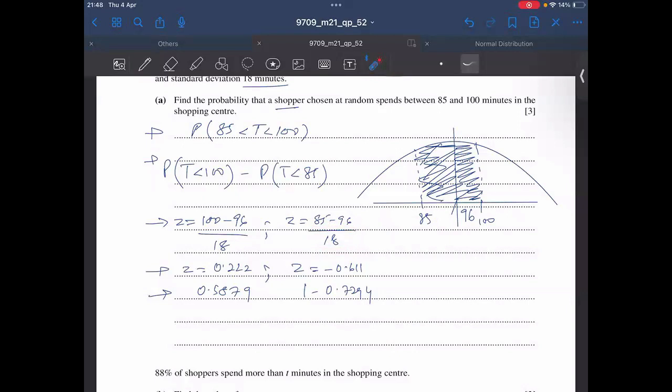You need to look. If you look at the region represented by T less than 85, does it cover less than 50% of the total area, or more than 50%? Less than 50%.